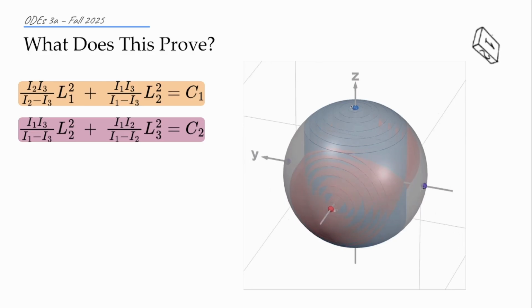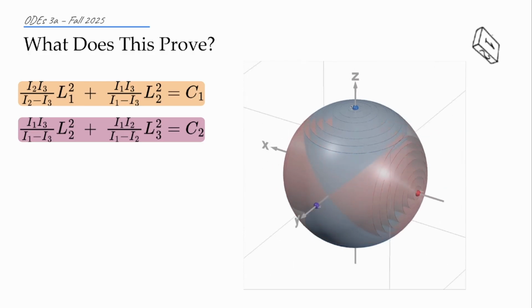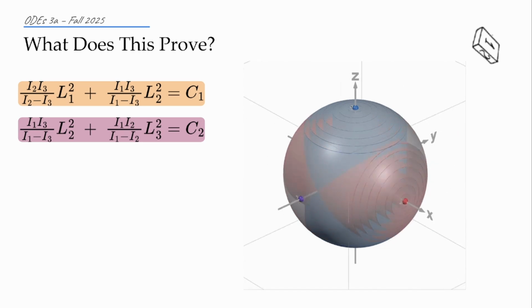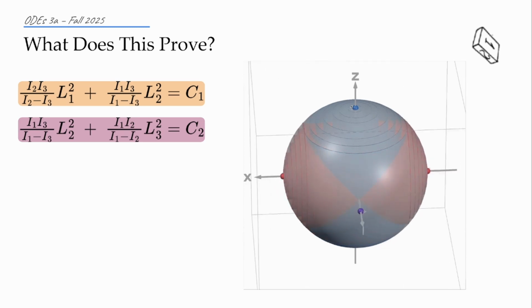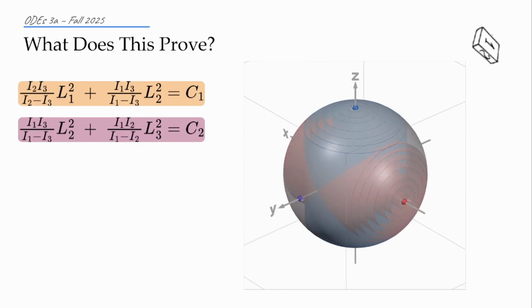When these cylinders intersect with the sphere, they create trajectories that lie on a circle, with radius C1 and C2 respectively. As we make C1 and C2 arbitrarily small, the radii of these circles get arbitrarily small as well. In other words, trajectories that start arbitrarily close to these equilibria will stay there as they lie on a circle. This proves that these are stable centers.